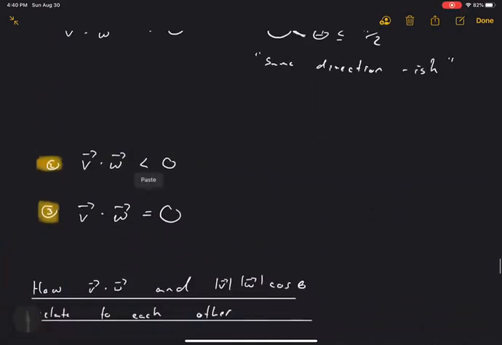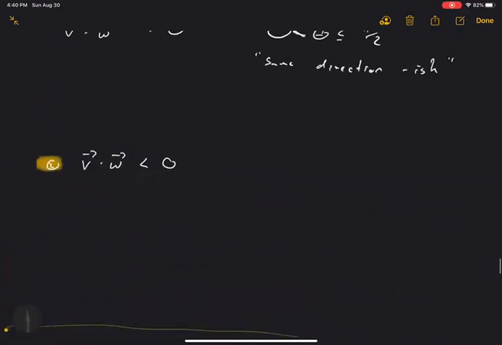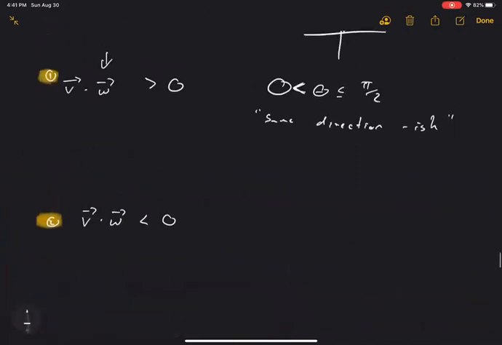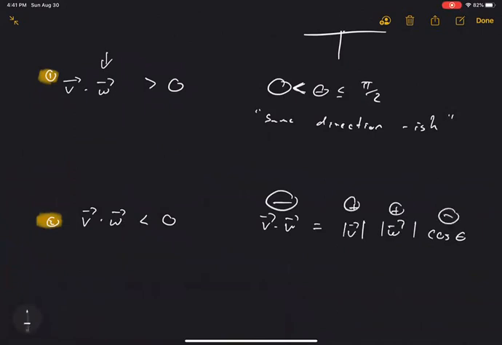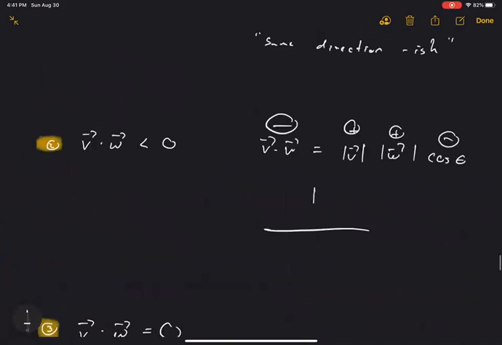On the other hand, let's assume the dot product is negative. I do a similar thing. I got v dot w, and on the other hand, magnitude of v, magnitude of w, cosine of theta. I'm saying that this number over here is negative. Well, this is positive, so that means this cosine has to be negative, right? So what does that tell me about my angle between my two vectors? Cosine is negative when we're over here.